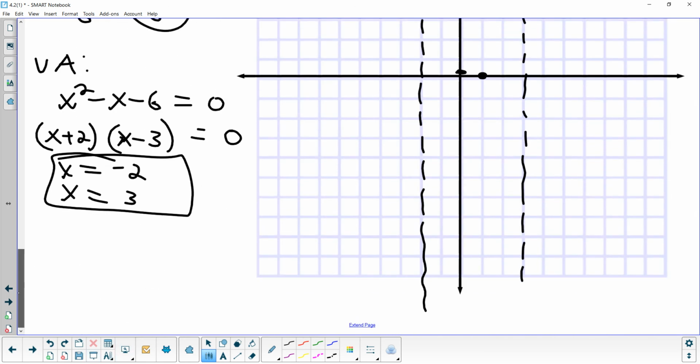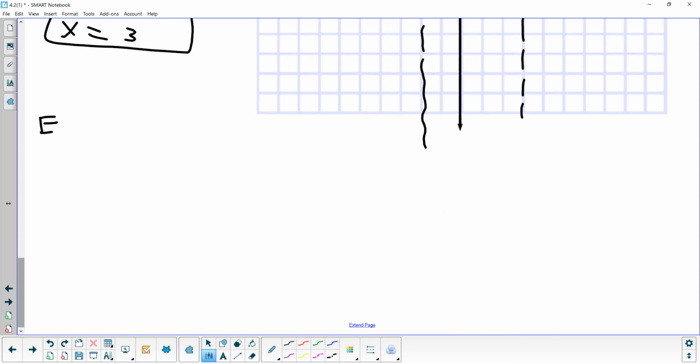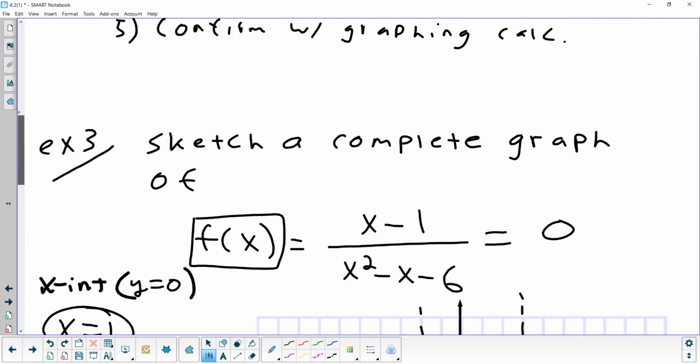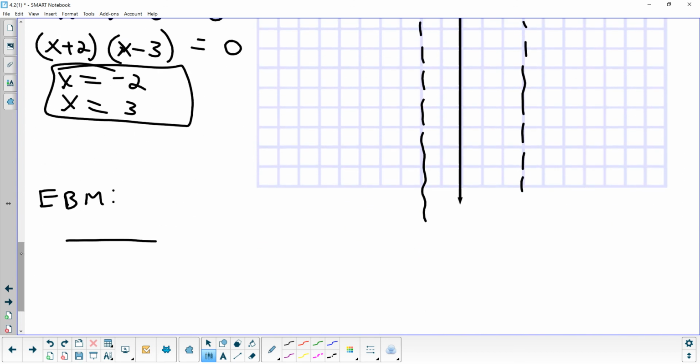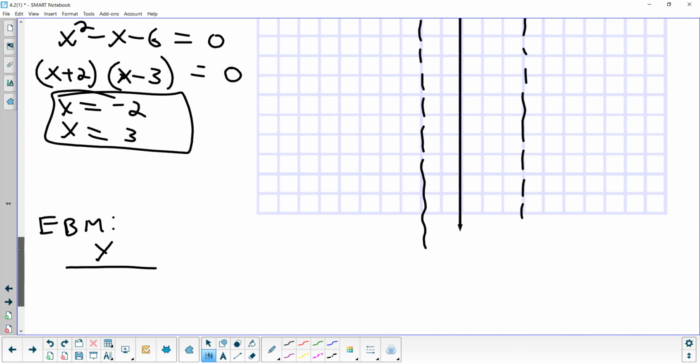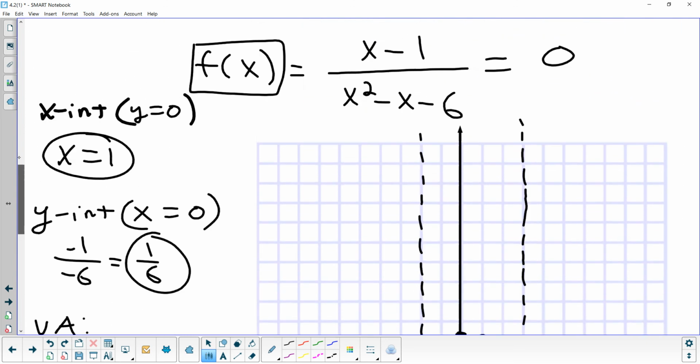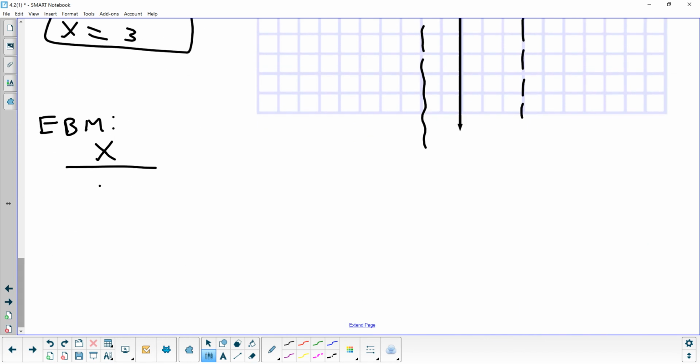So to find the horizontal, you're going to do the EBM first. What's the highest degree term in the top? x. And the highest degree term in the bottom? x squared. And if you reduce that, what do you get? 1 over x.